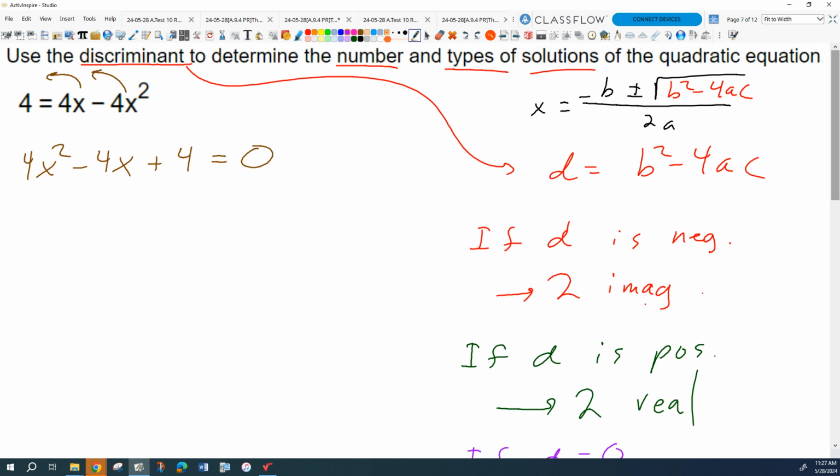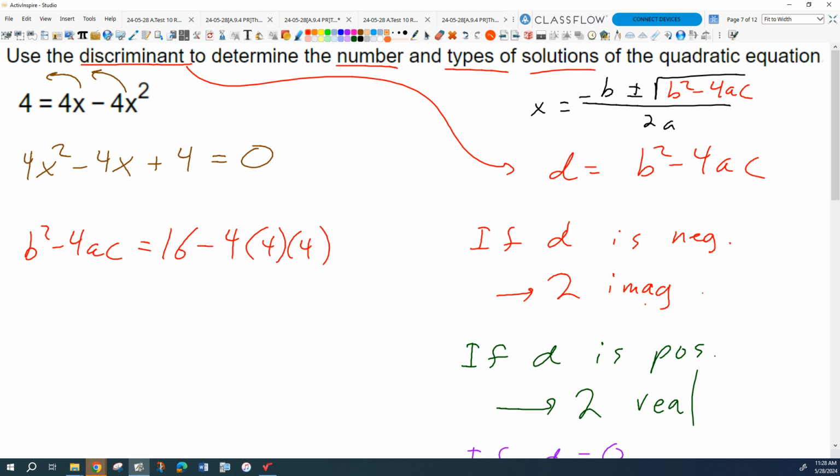So all we need to do here is figure out the value of the discriminant. I just need to know what b squared minus 4ac is. Well, what's that give me? What's b squared? 16, minus 4 times 4. I don't need to know the number. What's the sign of that going to be? It's going to be negative.